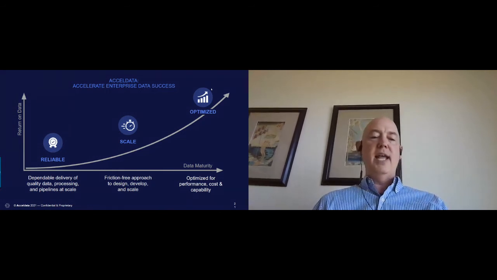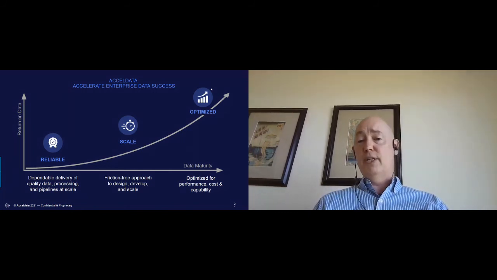And this is really aimed at three primary areas: improving reliability in terms of dependable delivery of quality data, processing, and pipelines at scale, eliminating friction points when it comes to designing, developing, and scaling new solutions, and really implementing efficiencies and optimizations to allow you to get the right performance and capabilities at the lowest cost.